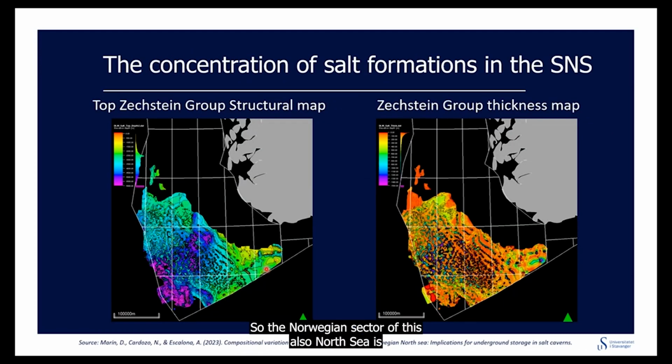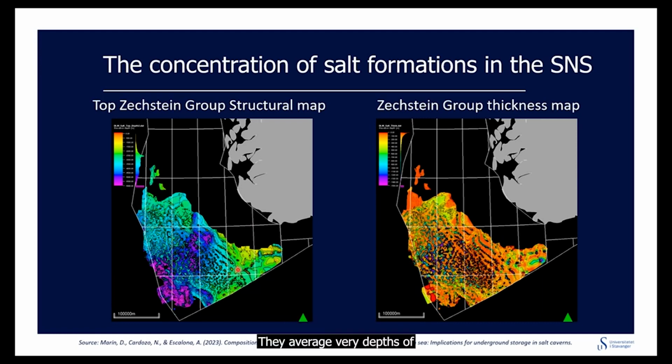The Norwegian sector of the Southern North Sea is a well-known example of a basin rich in salt structures. Marine et al. interpreted salt structures within the Upper Permian Zechstein group and mapped their distribution and their buried depths.